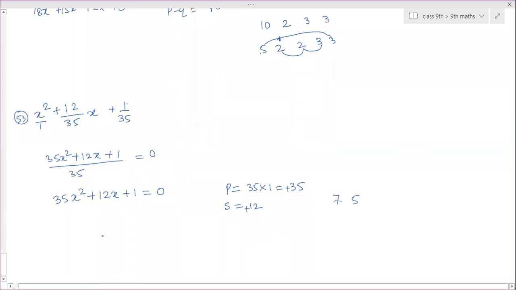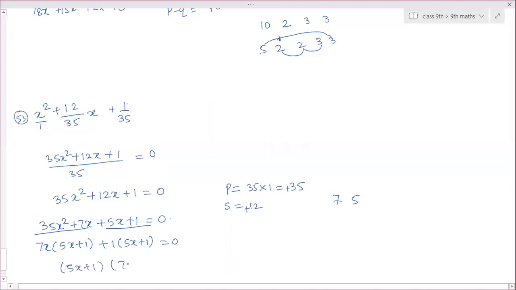That is 7 into 5. 7 plus 5 is 12, 7 times 5 is 35. So 35x square plus 7x plus 5x plus 1. Factorize separately. So 7x is the common factor: 7x into 5x plus 1, plus 5x plus 1. So 5x plus 1 into 7x plus 1.